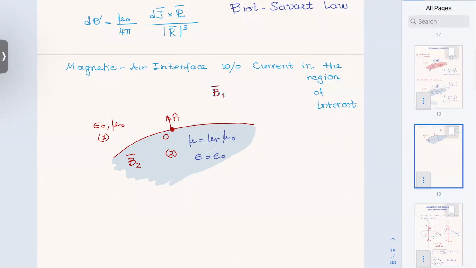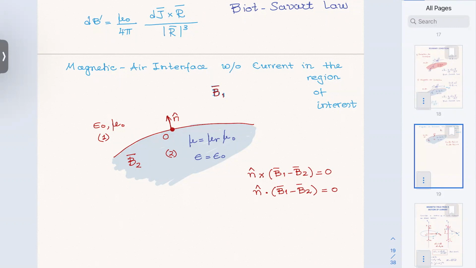And now the two boundary conditions that are of importance say the following, that N cross (B1 minus B2) is 0, and also N dot (B1 minus B2) is 0. As a matter of fact, I will assume at this moment, yeah.